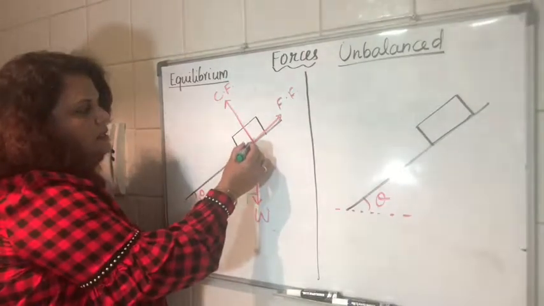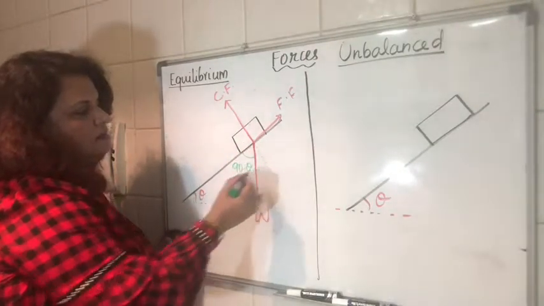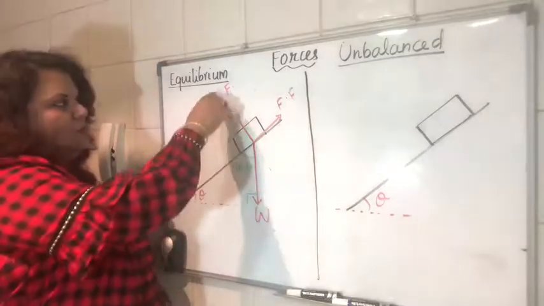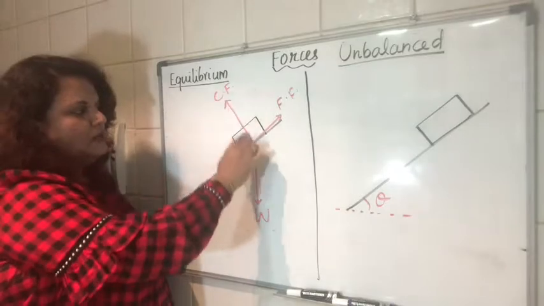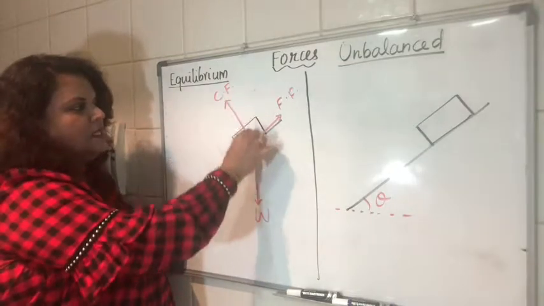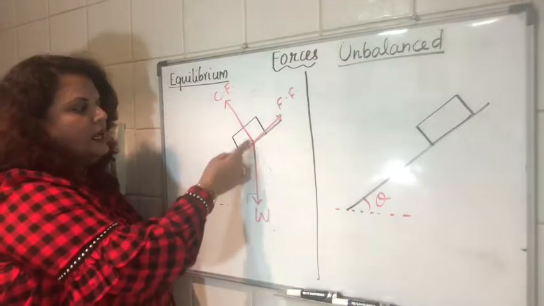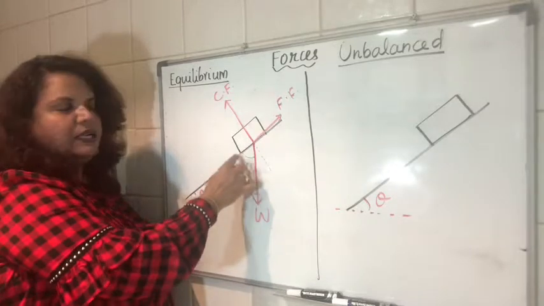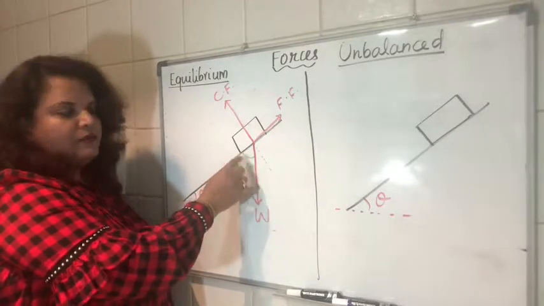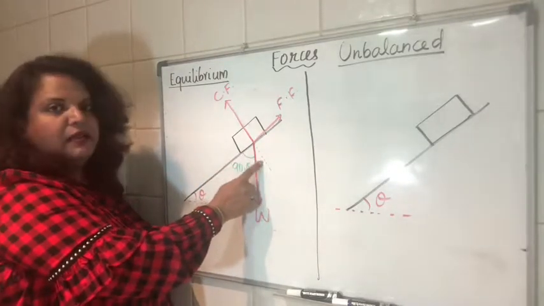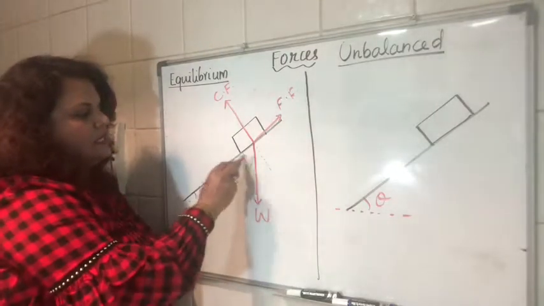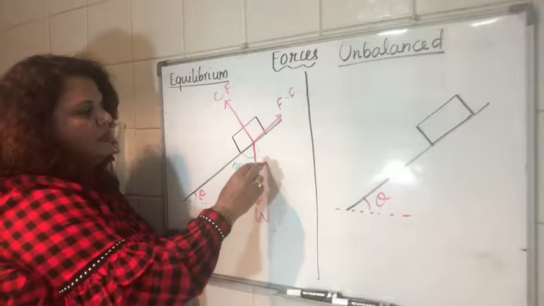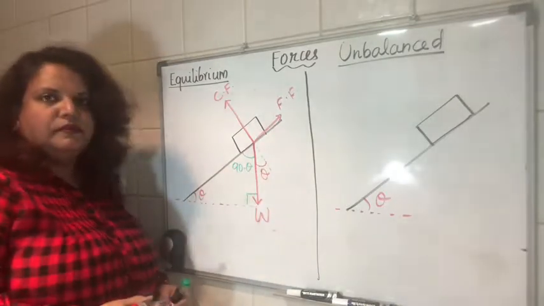Now if I extend this, we all know the contact force will be perpendicular to the surface, right? Contact force is perpendicular to the surface. I have extended that line, so this line and the surface also should make 90 degrees, right? These two angles should combine to make 90 degrees. So obviously, if this is 90 minus theta, then this angle should be theta, correct?